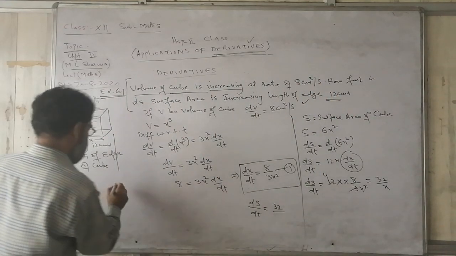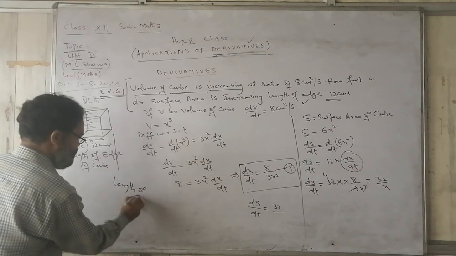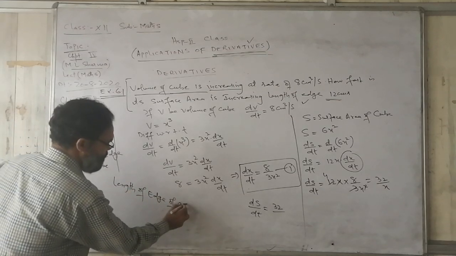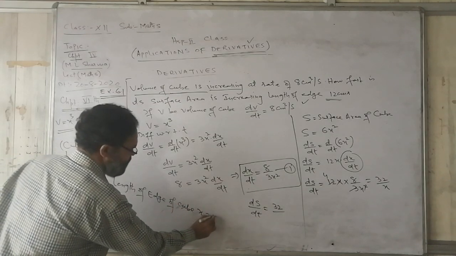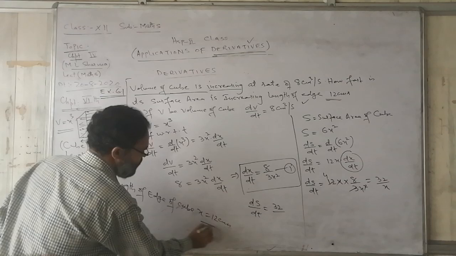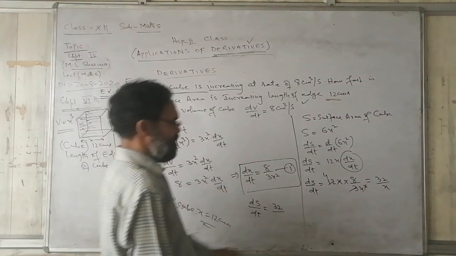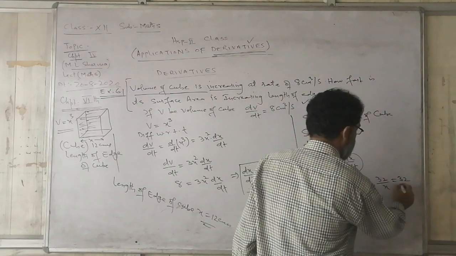That means the length of edge of the cube, x, is 12 centimeter. It is given in the question. So I can write 12 instead of x.